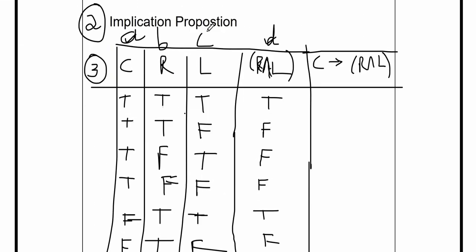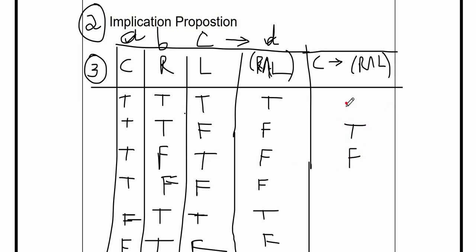Okay, let's move back to this truth table here. We have to take the C column and the D column and do an implication of this. As I said, only if the premise is true and the conclusion is false, then it's false. So we see here in the third row, premise is true, conclusion is false, therefore it is false here.